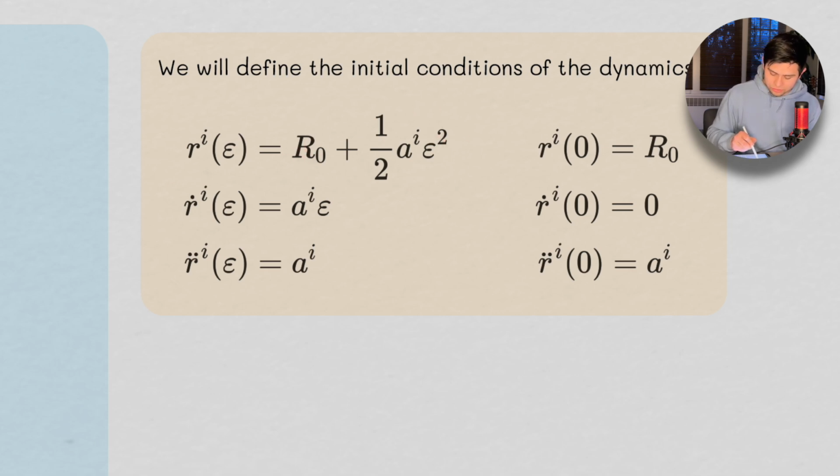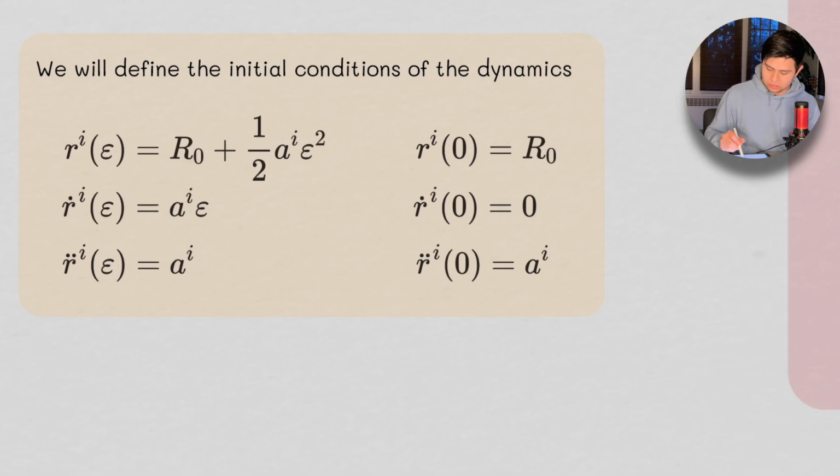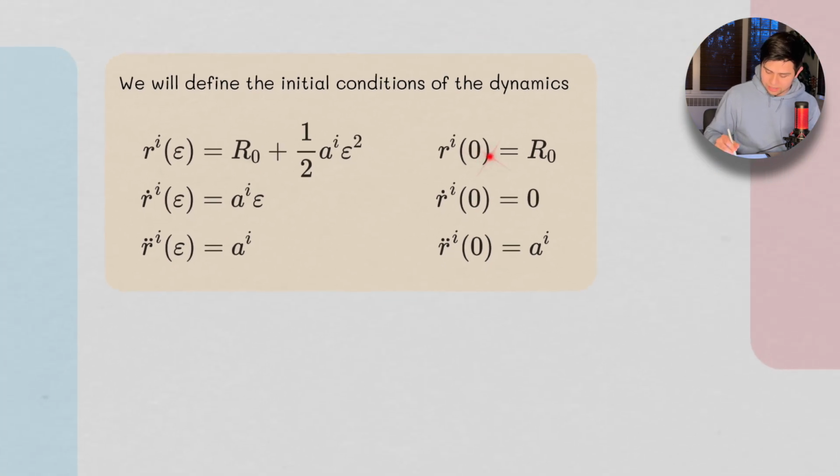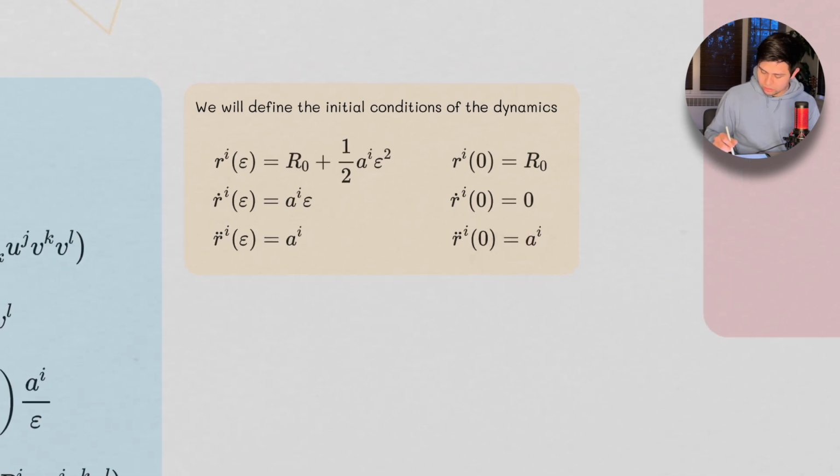And then the second derivative is going to be the acceleration. The initial conditions, if we say at epsilon equals 0, is going to be R naught, 0 here, because if we put in 0 here. And then R double dot is going to be the acceleration.